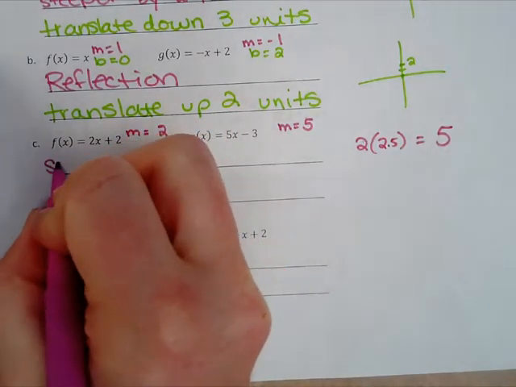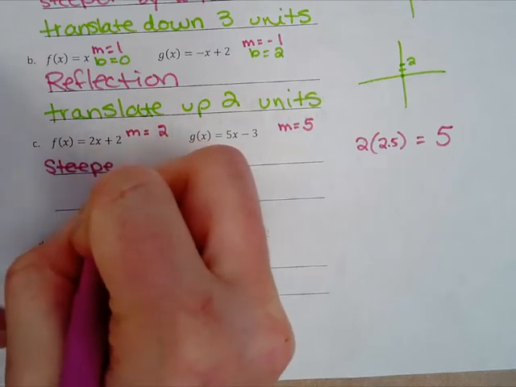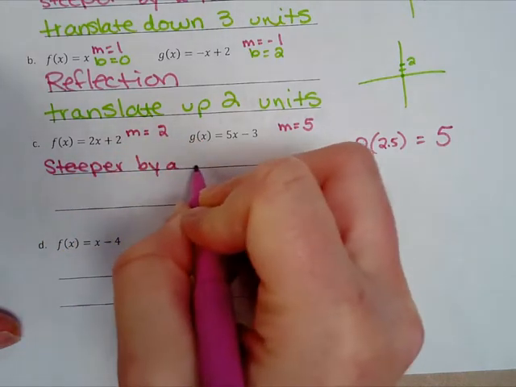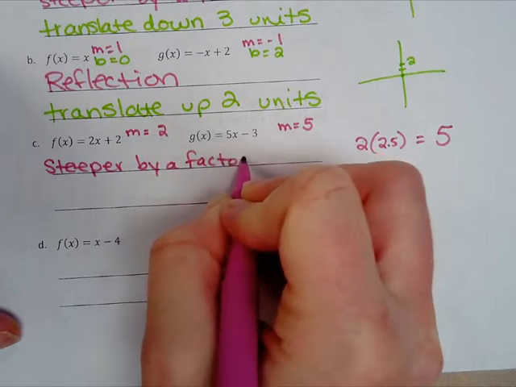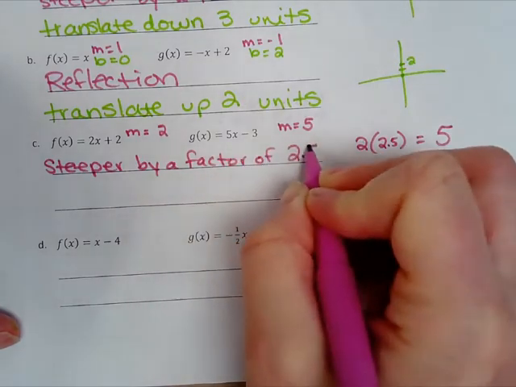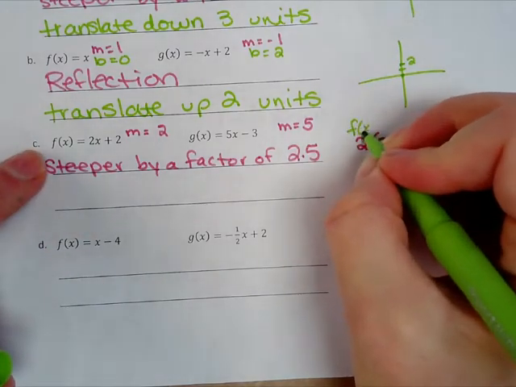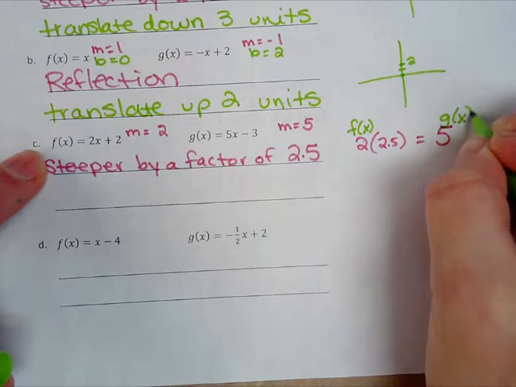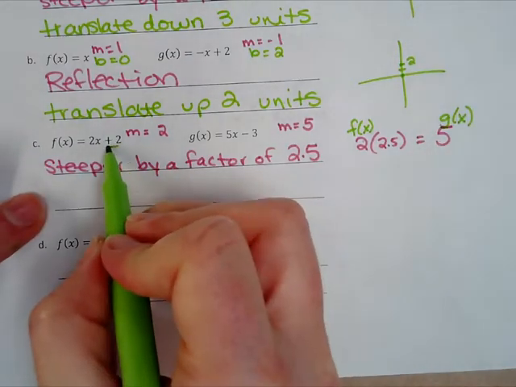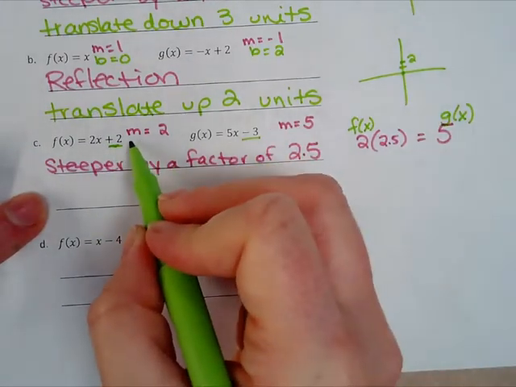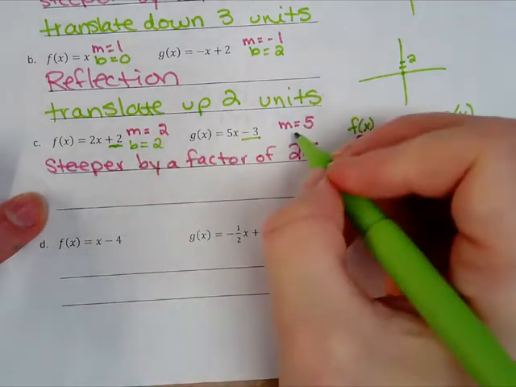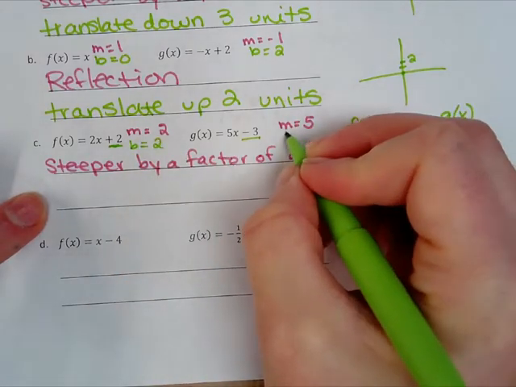So this will be steeper by a factor of 2.5. So this was our f of x, and this was our g of x. And then what about our y-intercepts? Down 5 units. Yep.